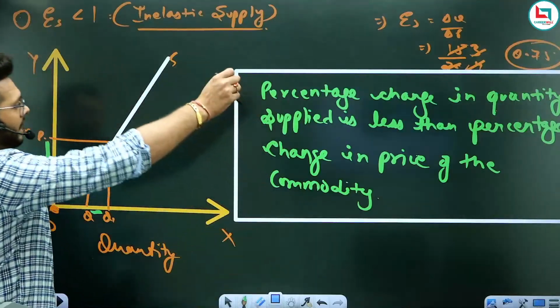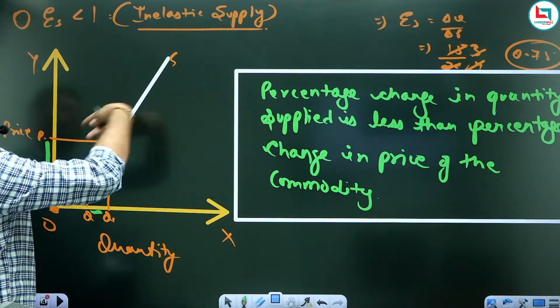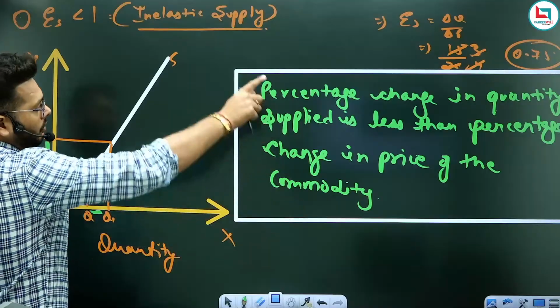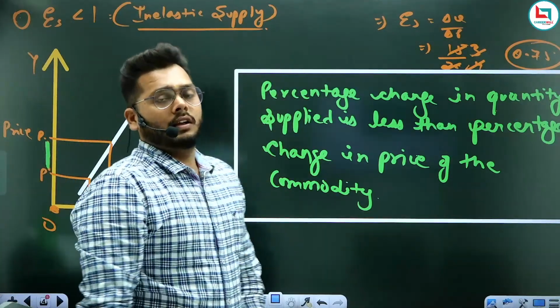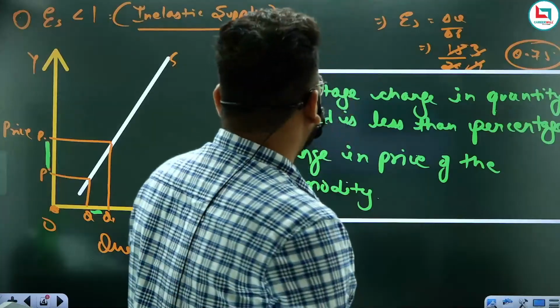As you can see, I have explained the curve, I have explained the concept, and also shown the proof with the formula. Am I clear or not?